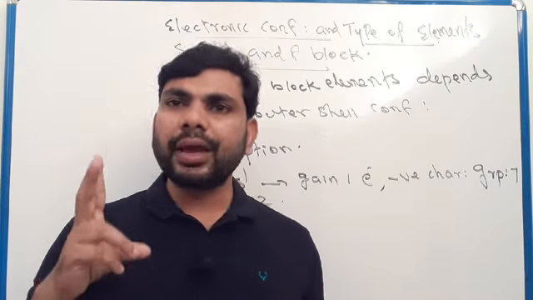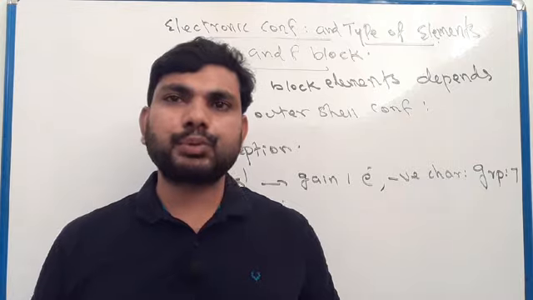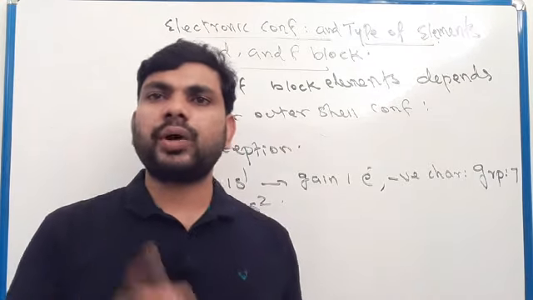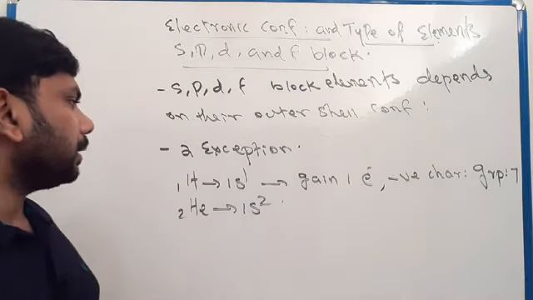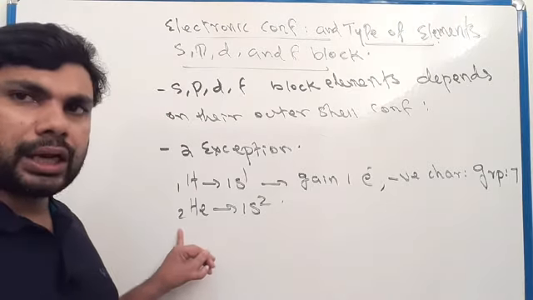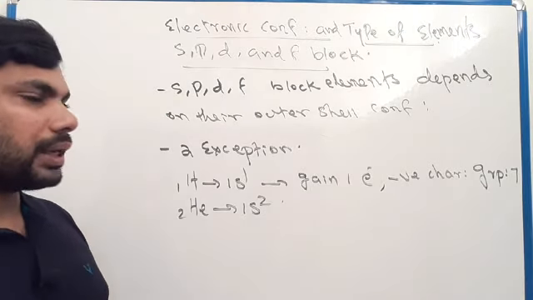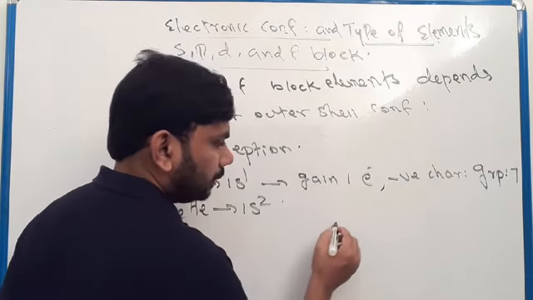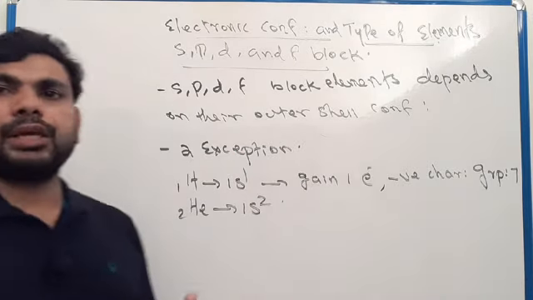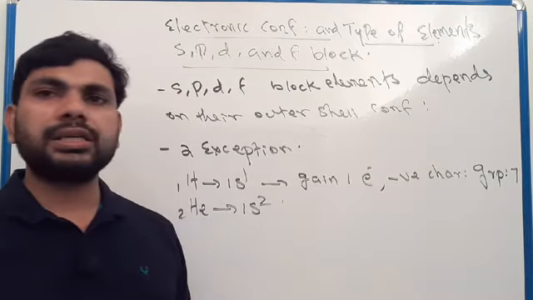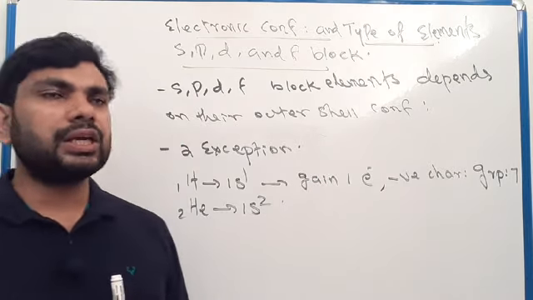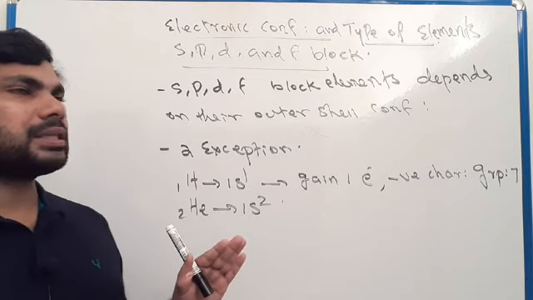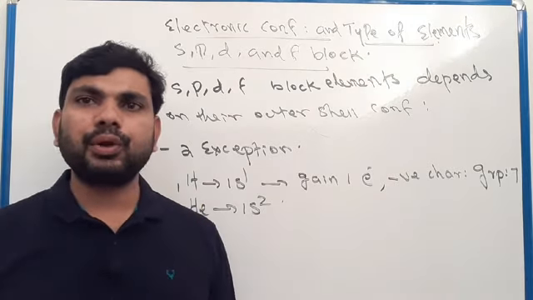But there are two exception cases in this concept: hydrogen and helium. Helium, we know, has 2 electrons, 1s2. In the periodic table you can see the s block elements, p block elements, and d and f block elements.